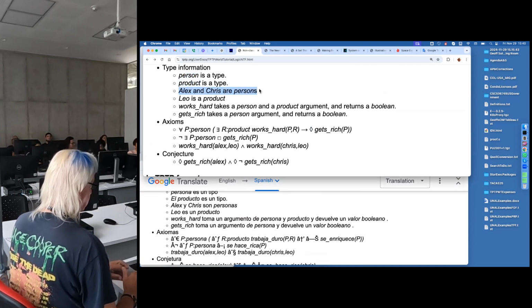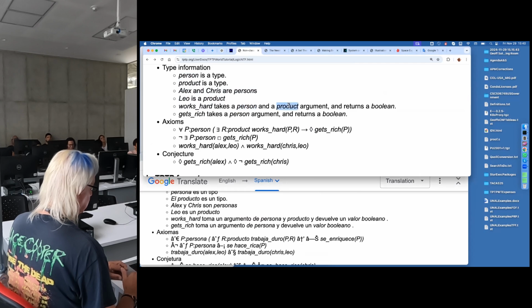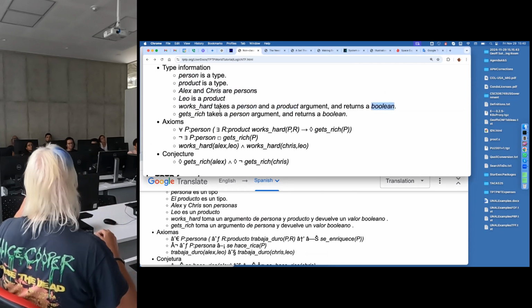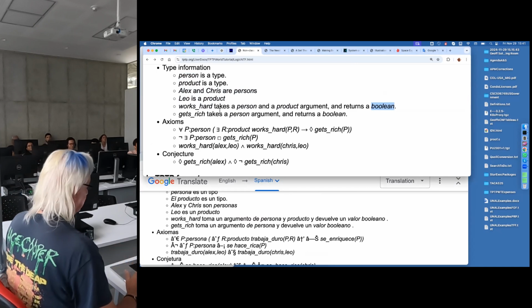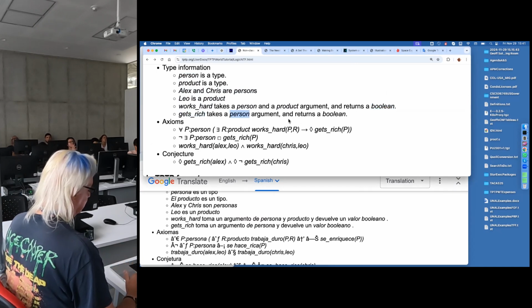Alex and Chris are people. Their theorem prover, Leo, is their product. Works hard: we send in a person and a product, and it returns true. So we say works hard, Alex, Leo is true, or false if he doesn't. And gets rich, we send a person and it returns true or false.